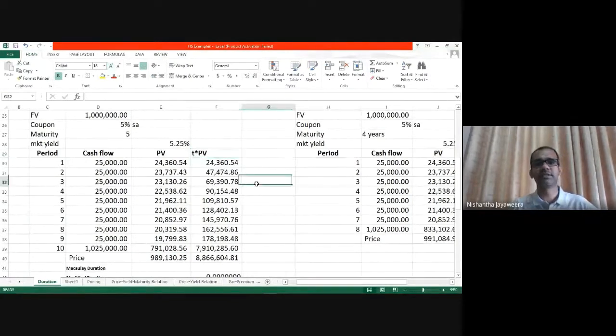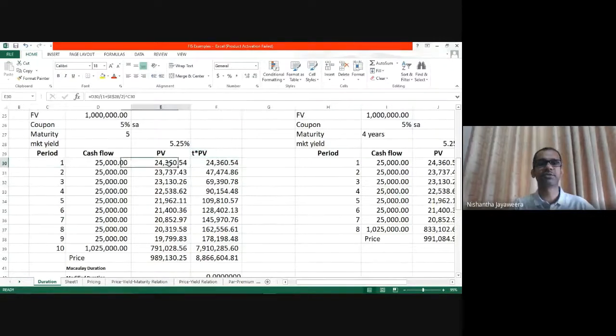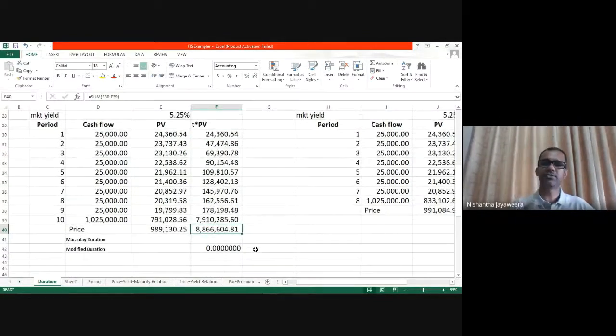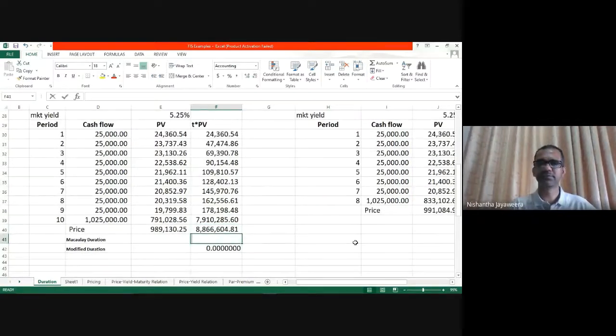Then what do we do? To calculate the Macaulay duration, we need time into present value. We do that. So these are time into present value, and take the total. Then to calculate the Macaulay duration, we divide this total by price.